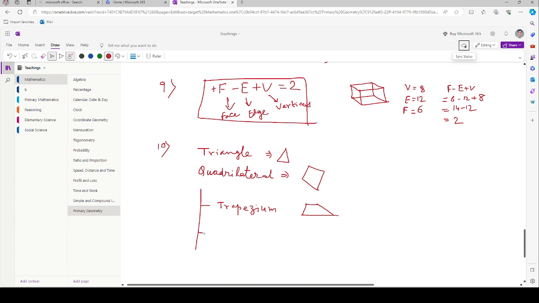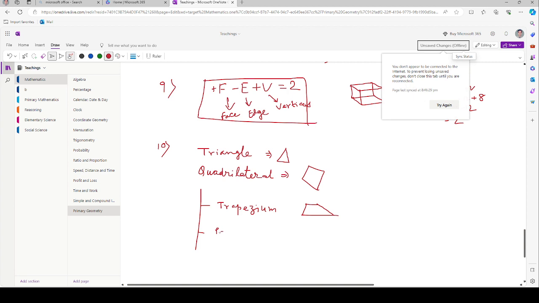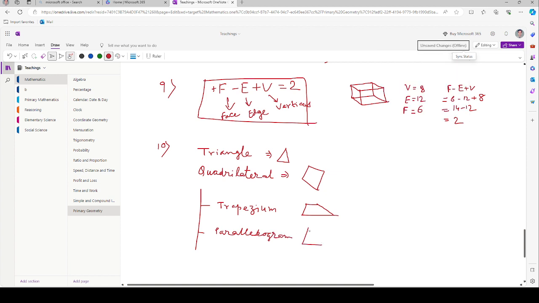When opposite sides are parallel, then this is parallelogram. Opposite sides are parallel. Okay.